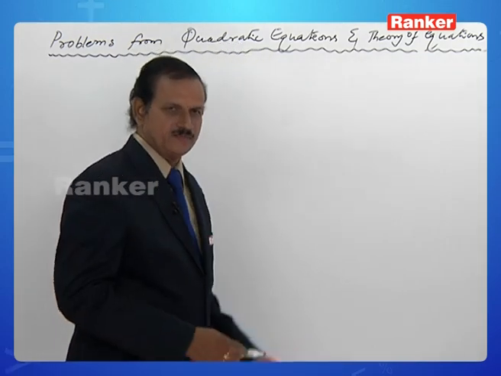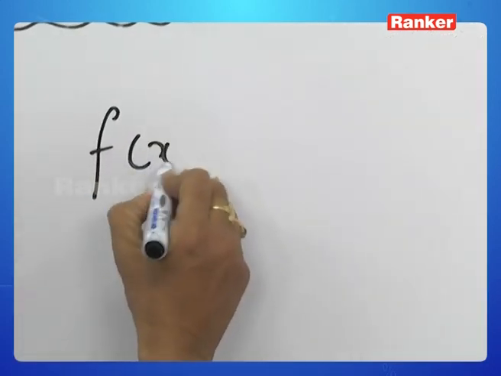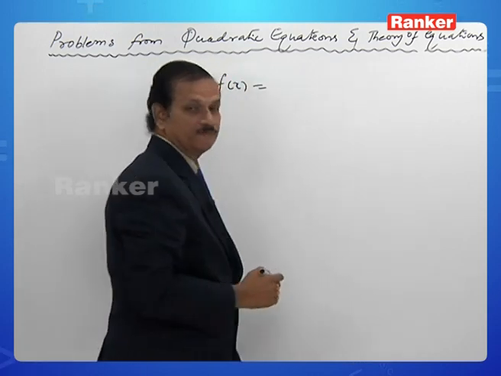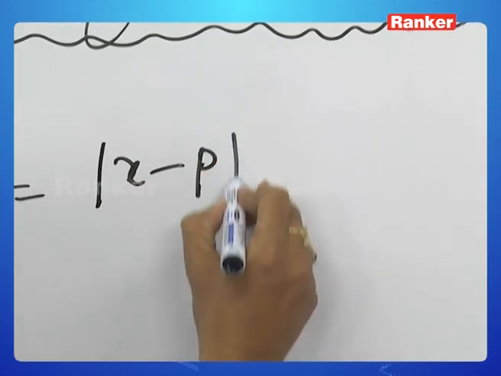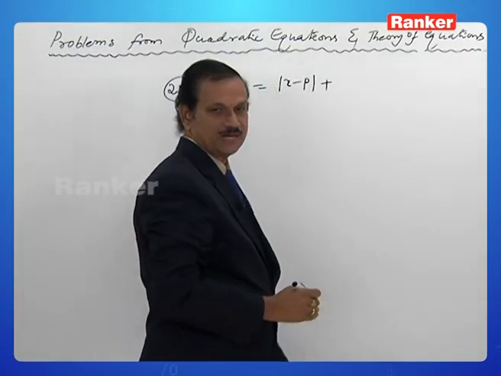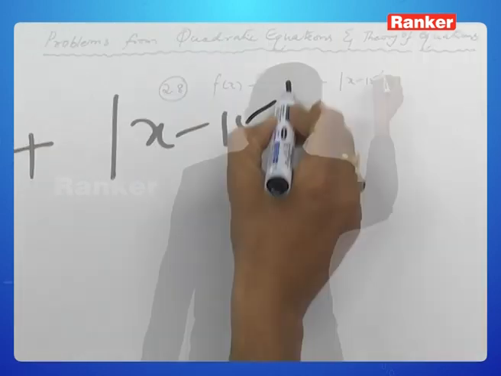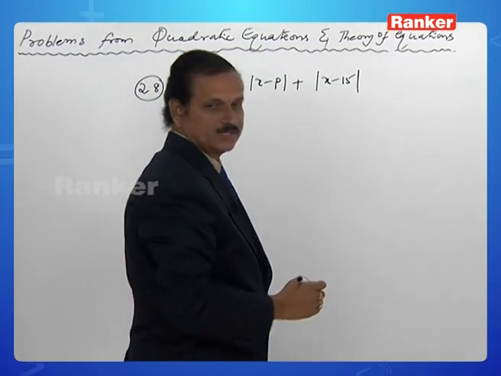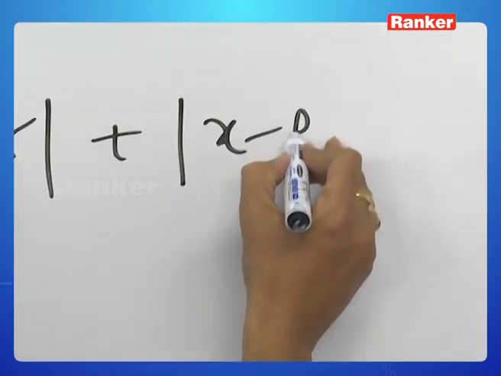Yes. What is the given expression? First of all, let me take f of x is equal to mod x minus p plus mod x minus 15 plus mod x minus p minus 15.